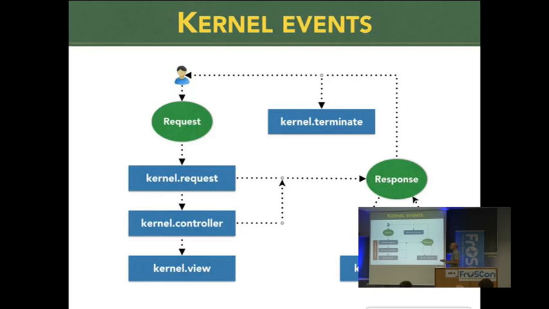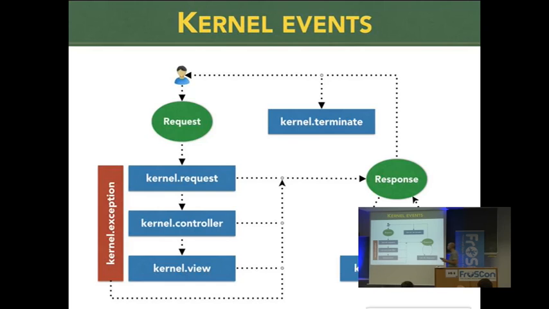And always, in case there is an exception, an event is dispatched, so we can transform that exception into a proper response object with extra information, for example. So we will use this event for encrypted information and this event to get the user and password entered by a client.